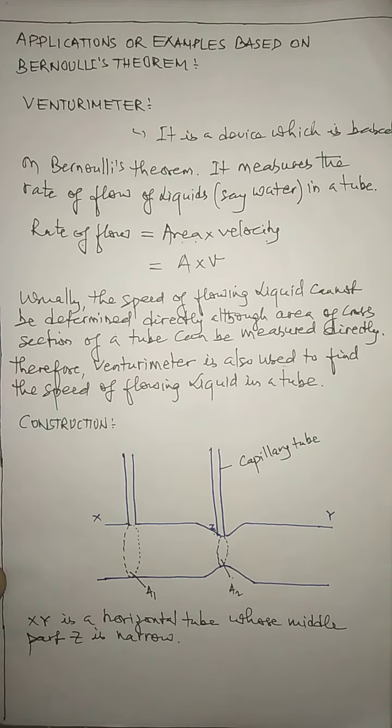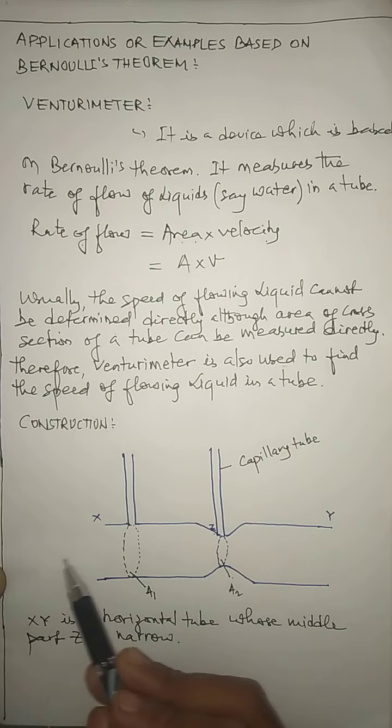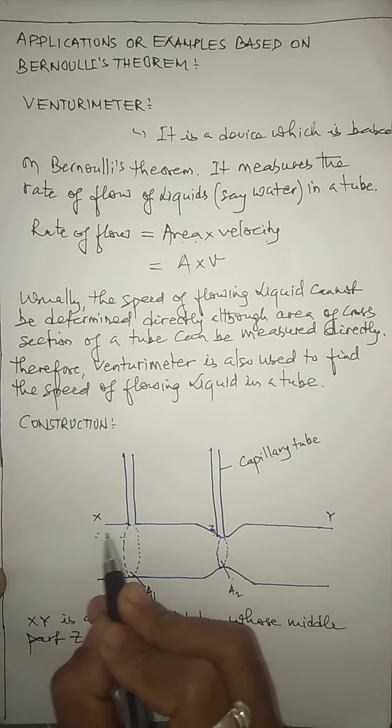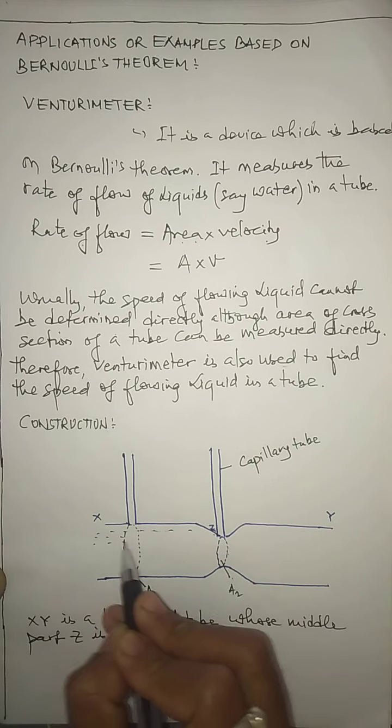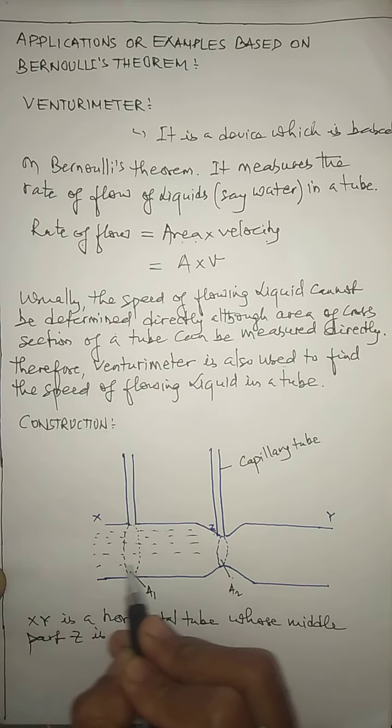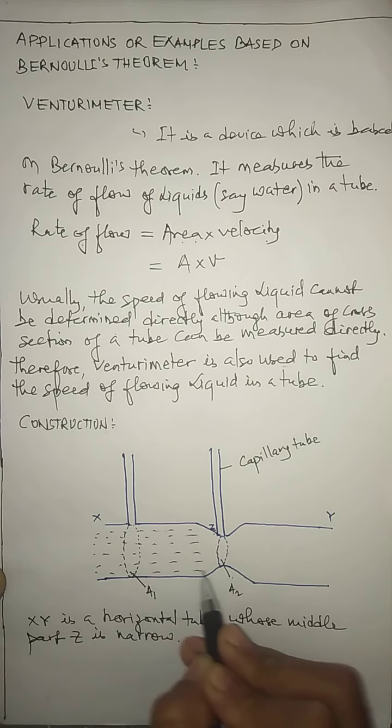Now this capillary tube is connected here to measure the height to which the liquid rises due to the pressure difference acquired by the flowing liquid. So what happens in this tube? The liquid will flow. But what type of liquid are we taking, children? Incompressible liquid, which means an ideal liquid.